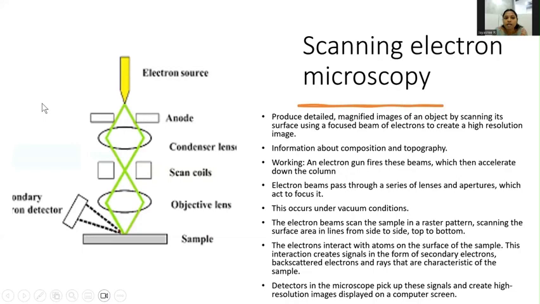For the electron, the wavelength will be even smaller. The resolution of the image produced will be very high.